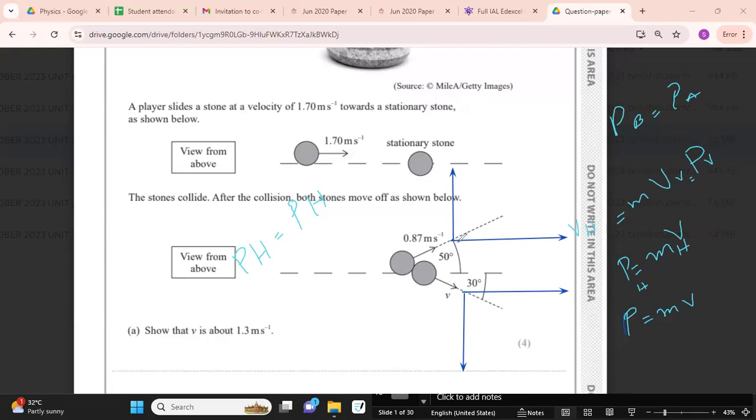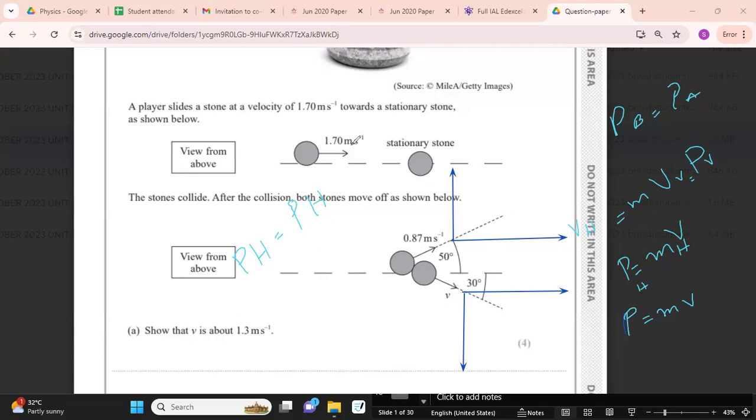The vertical components are pointing in opposite directions, meaning that these two will cancel each other out, for stone 1 and stone 2. Only the horizontal component is going to be there. And that follows logic because before the collision, we also had only the horizontal component.